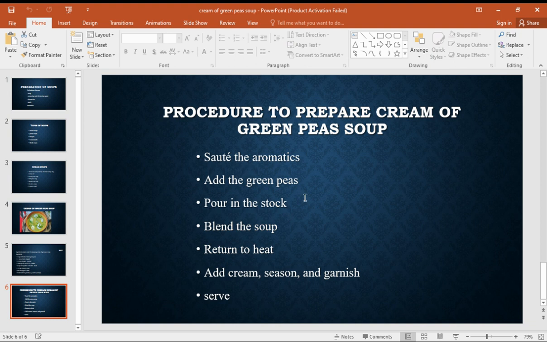And when we talk of the cream soup, if you are told to prepare another type of cream soup, like the mushroom soup, the procedure is the same. The only thing that will change is the major ingredient. Like in mushroom soup, you will use mushroom instead of, in our case here, green peas, right?